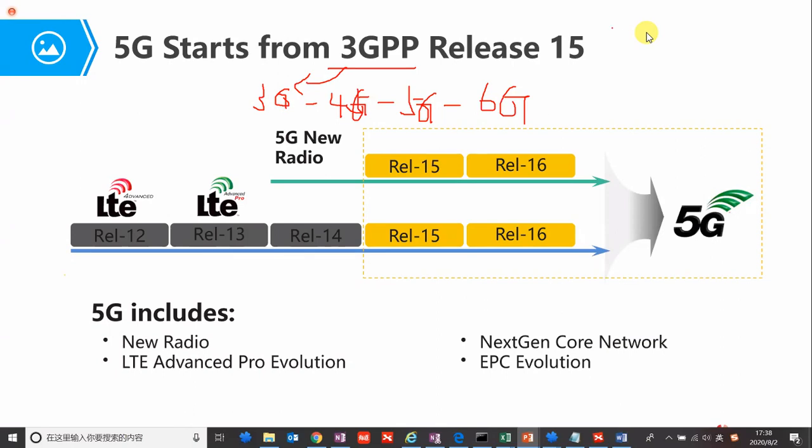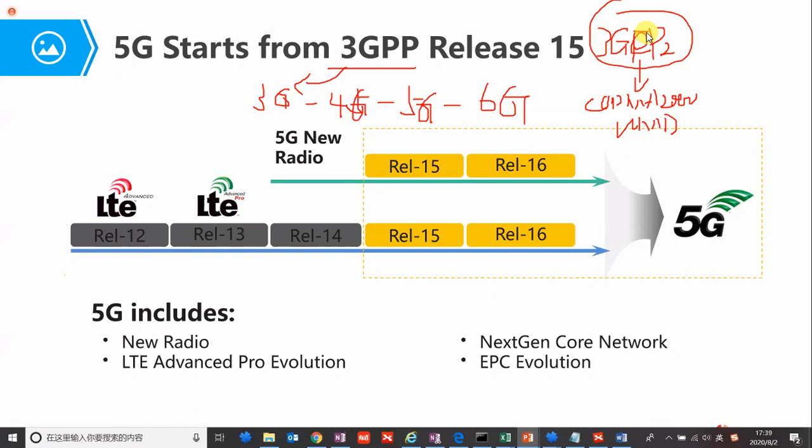And you can also see the 3GPP2, another organization. We may have seen CDMA 2000 and the UMB. These 3G standards were defined by the 3GPP2.